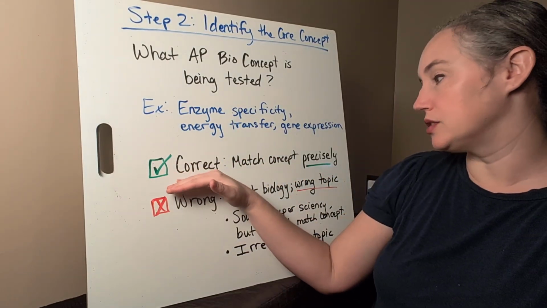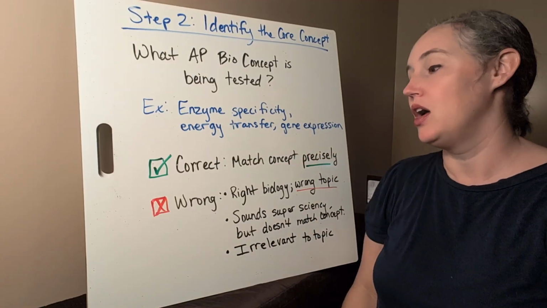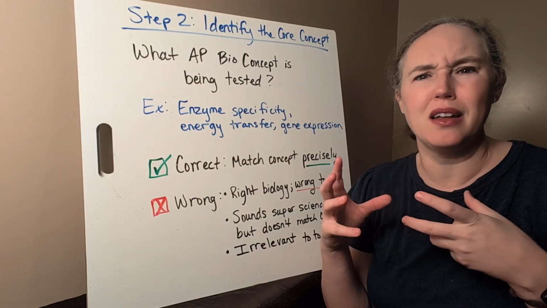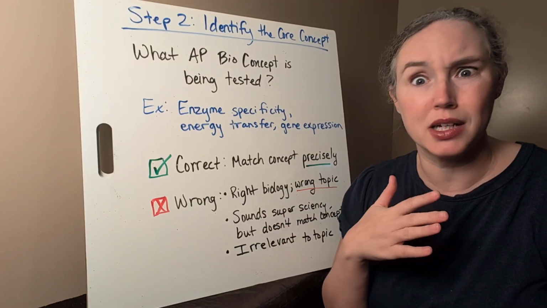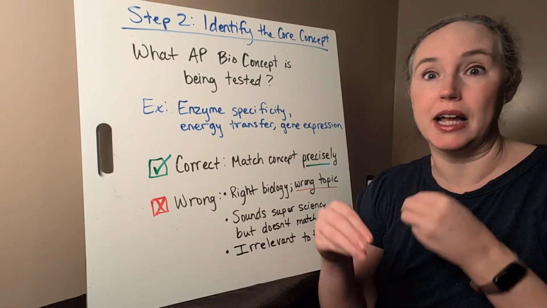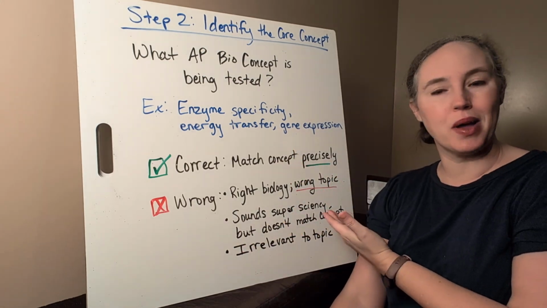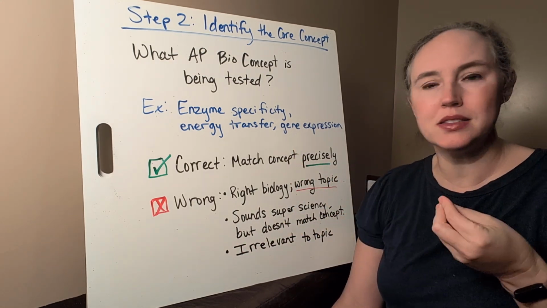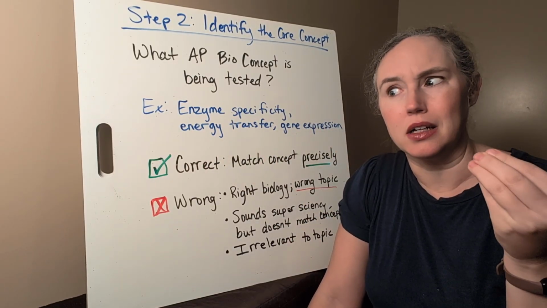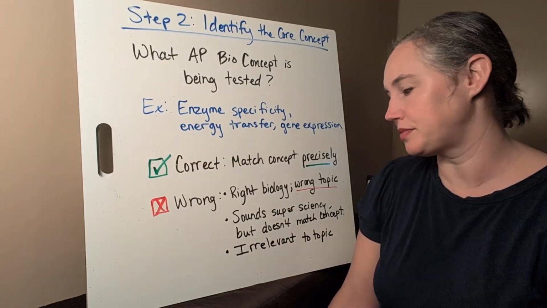The correct answer will match the concept being asked about precisely, whereas an incorrect answer might have the right biology, but in a totally wrong context or topic. It may sound super sciencey, with lots of big words, but it doesn't match the concept. So if the concept is energy transfer and the context is gene expression, that's not going to be right.